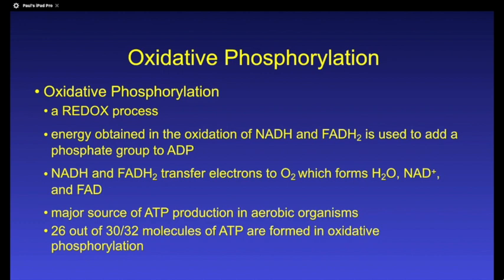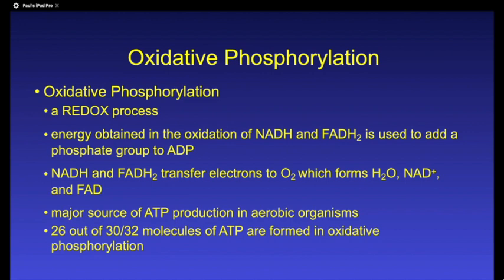Now, this loses efficiency of the energy that is available, because for every pair of electrons that moves from center to center, whatever it's carried by, it has to go down the energy curve. So for every jump, I lose a little bit of energy until eventually I get to oxygen.